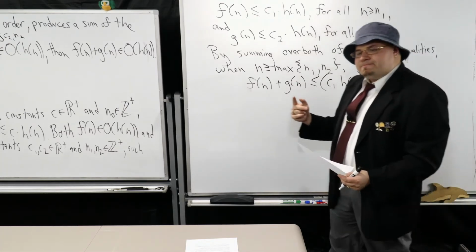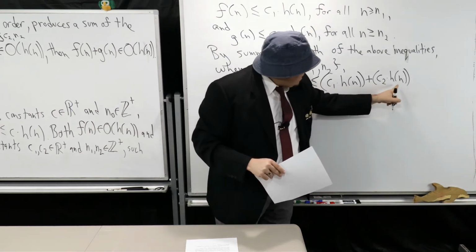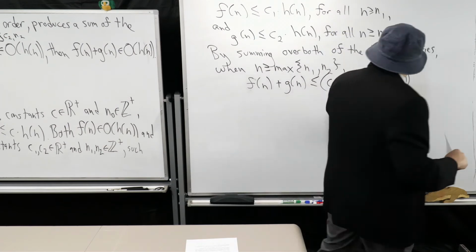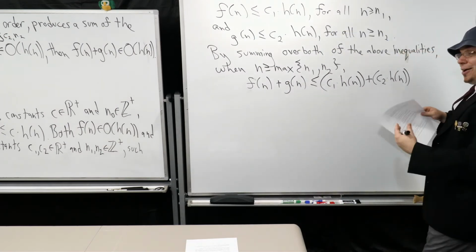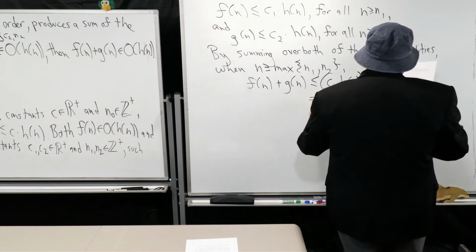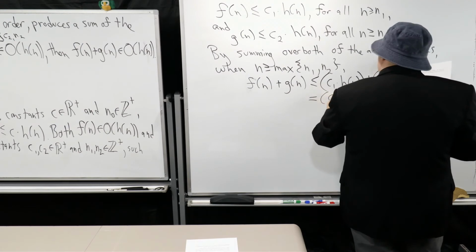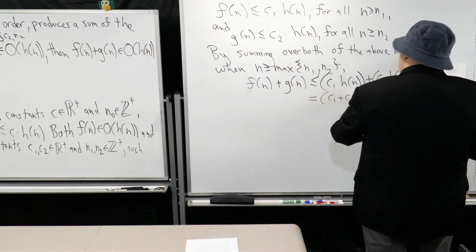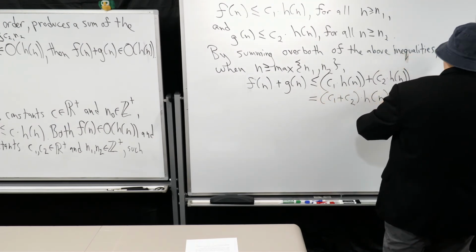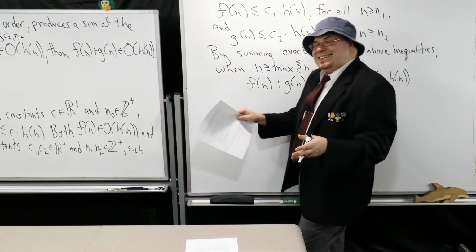Now, there's something interesting here. I have two h of n's here, right? That means I can factor out something. What can I factor out? I could factor out these two constants here, like this: C1 plus C2 times h of n. Do you see what I should pick for C yet?